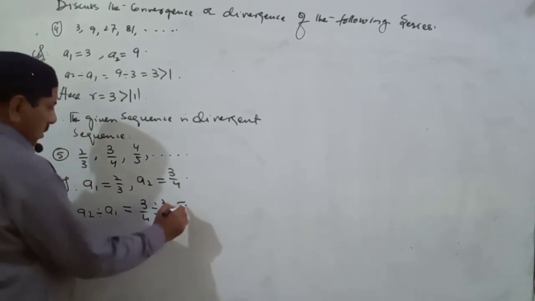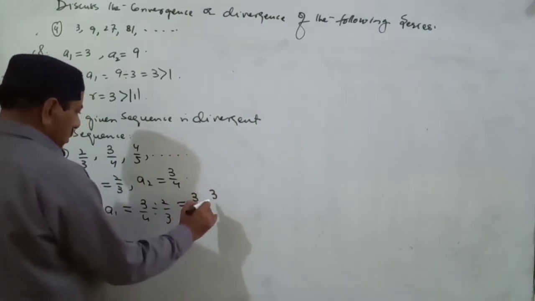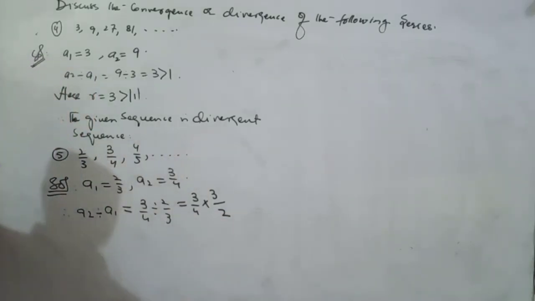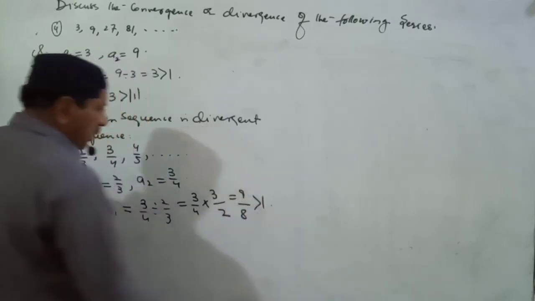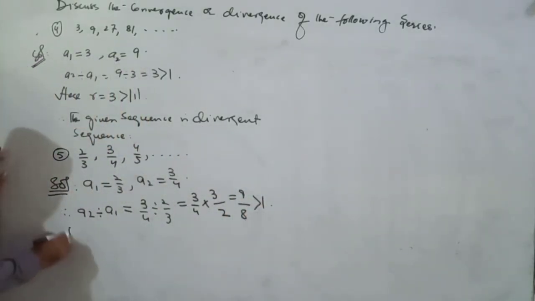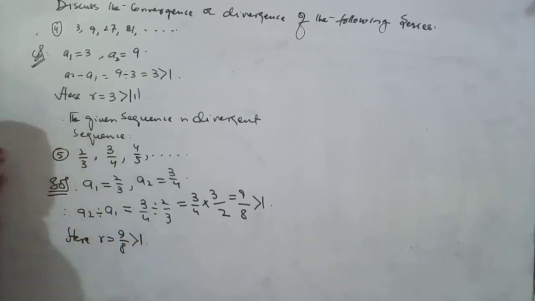So this will be 3 upon 2, is equal to 9 upon 8, which is greater than 1. Here R is equal to 9 upon 8, which is greater than 1.